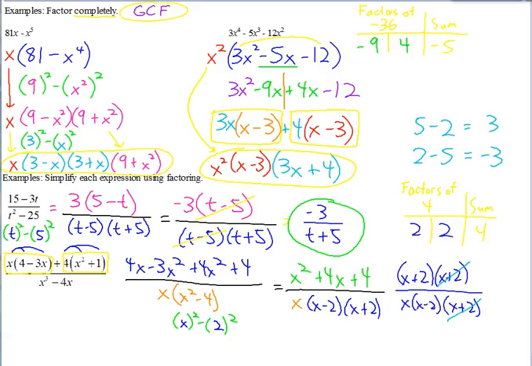So our final answer here, we have x plus 2, there's nothing left to multiply by. You can drop the parentheses, over x times x minus 2. And if you want to distribute out the x on the denominator, you can, but you don't have to.